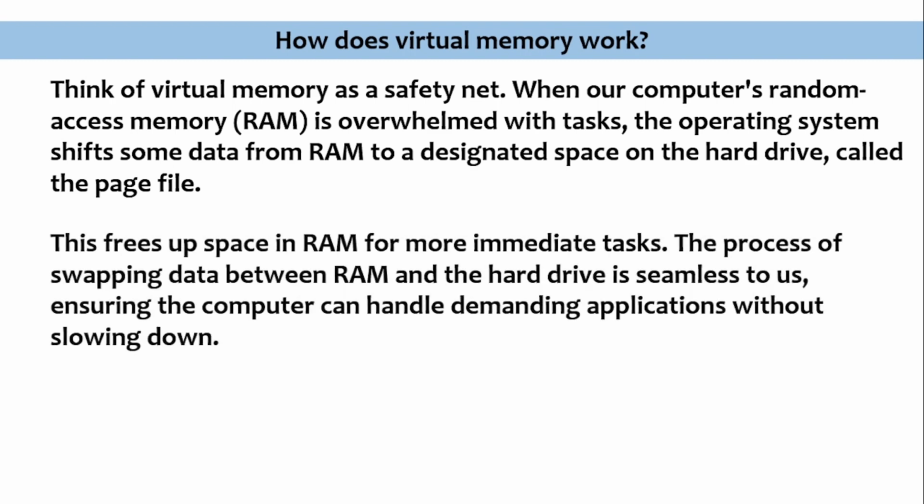So this frees up our RAM for more immediate tasks. The process of swapping data between RAM and the hard drive is absolutely seamless to us. We don't know what's happening. The operating system takes care of swapping the programs from RAM to the virtual memory, and again from virtual memory back to the RAM.